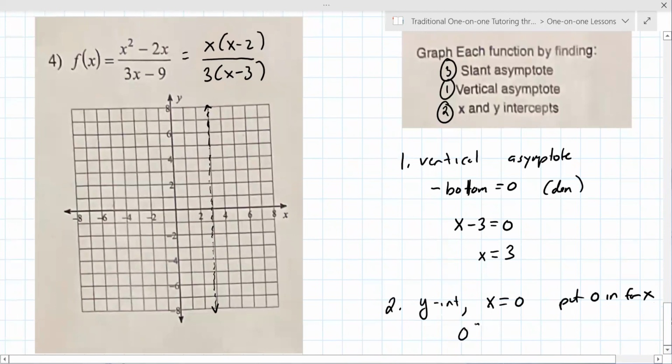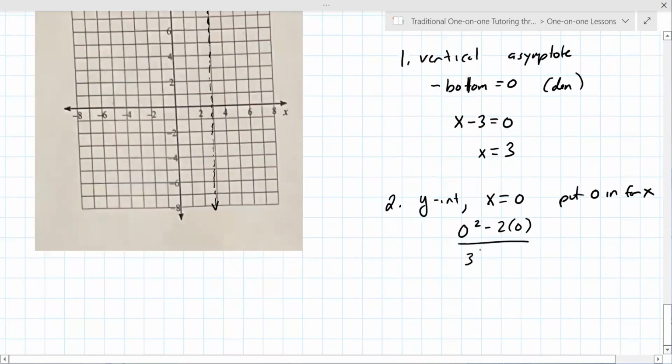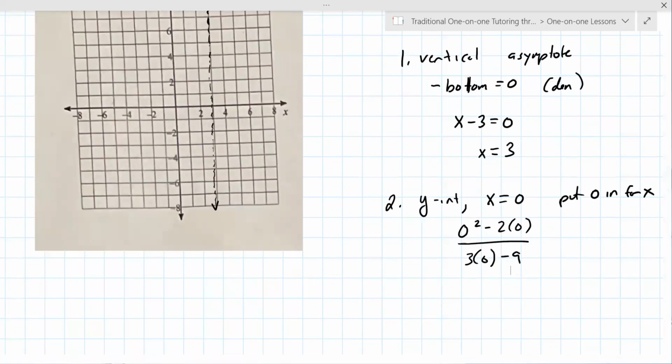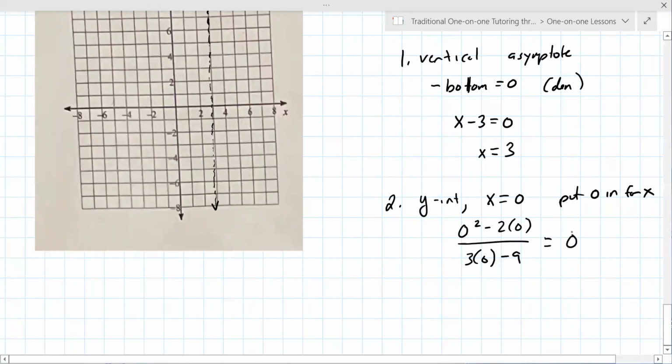So it's like saying 0 squared minus 2 times 0 over 3 times 0 minus 9. So it would be 0 over -9, which ends up being 0. So that's an ordered pair. That's 0, 0.